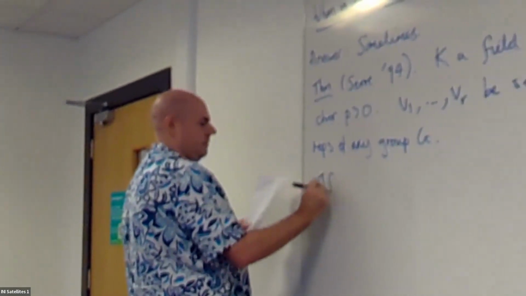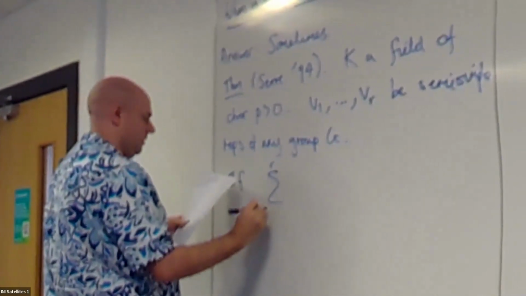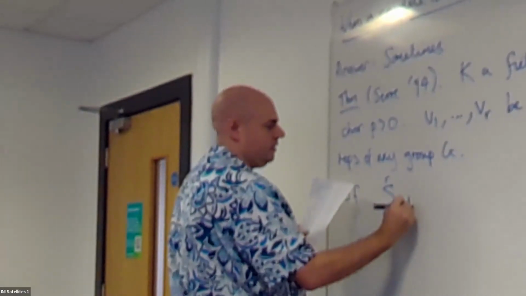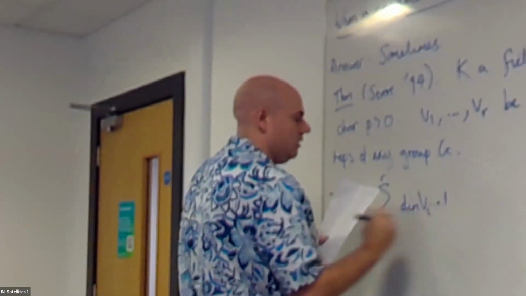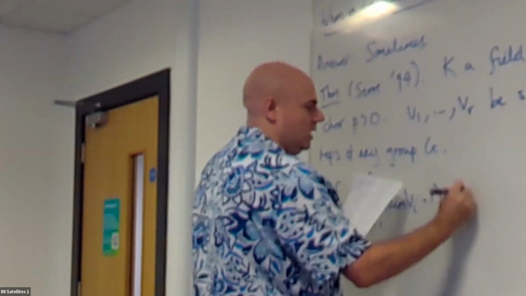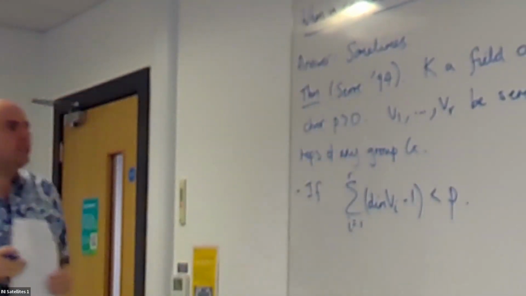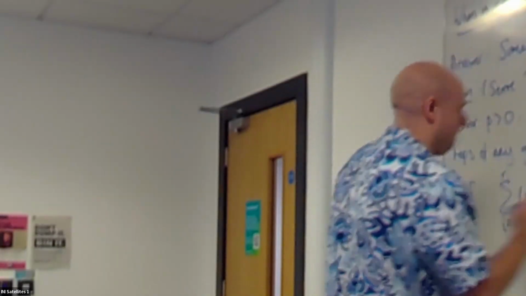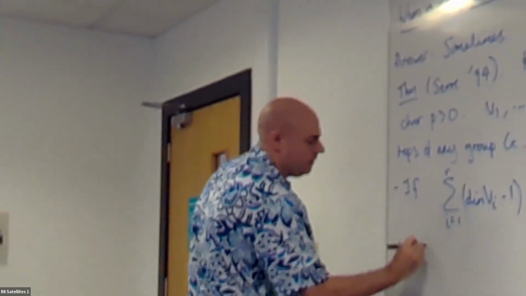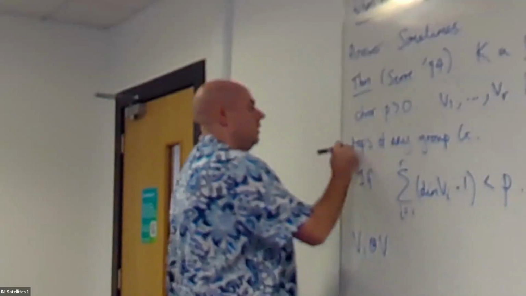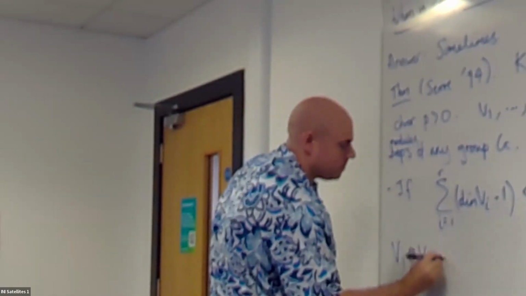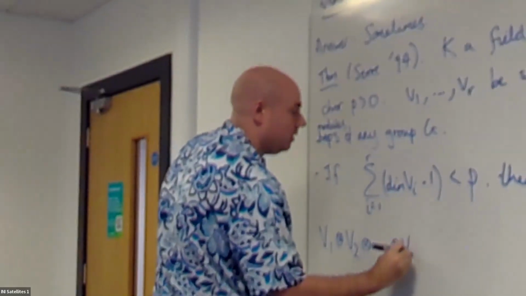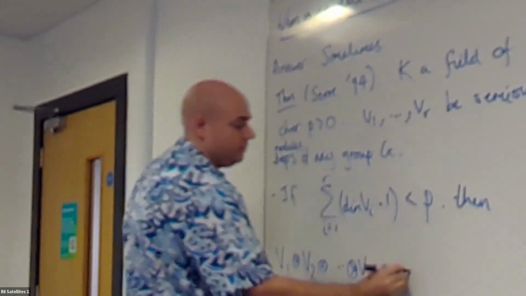Then if the following is true, and you sum the dimensions of the vector spaces, one subtracted, if you do not reach P, then the corresponding tensor product is again semi-simple.